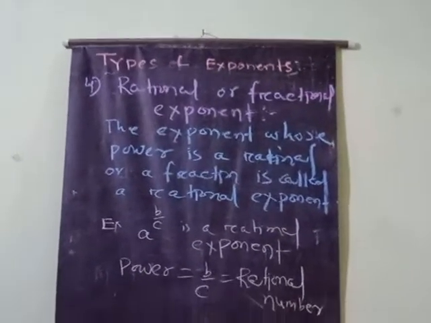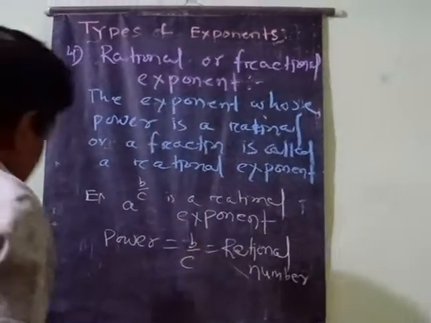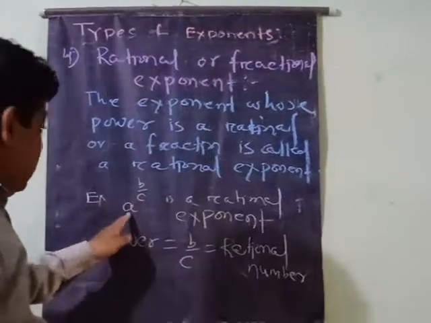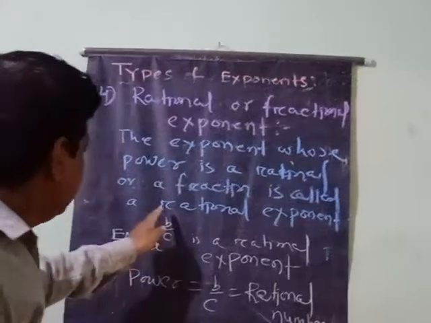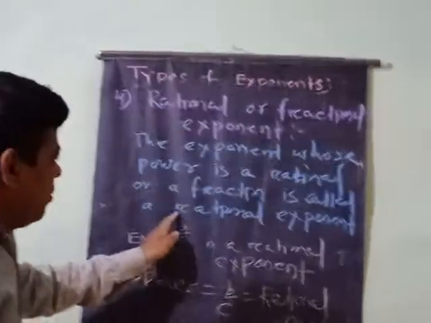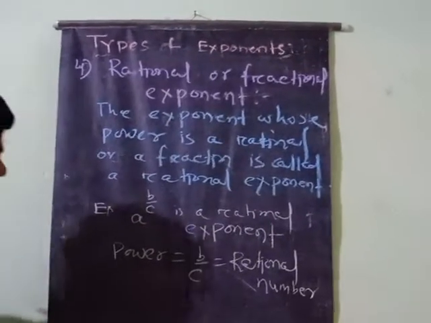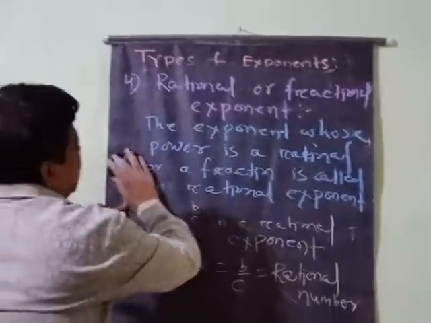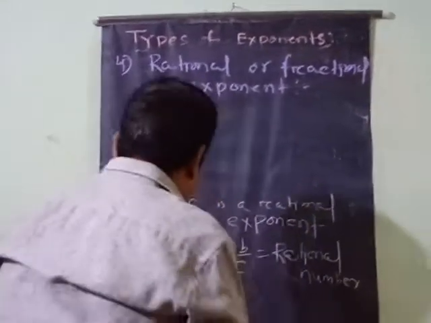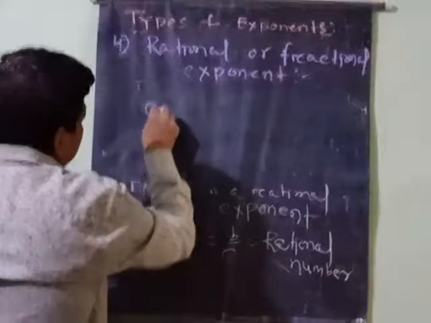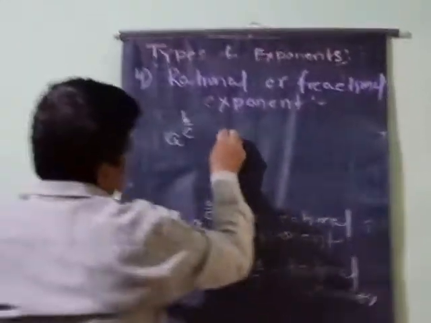So the exponent whose power is a rational number or a fraction is called a rational exponent. Example, a general form, a to the power b upon c is a rational exponent because the power of the base a is b by c, a rational number or a fraction. So it is a rational exponent or fractional exponent. Okay.